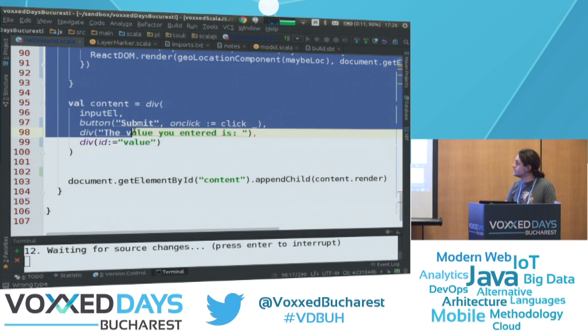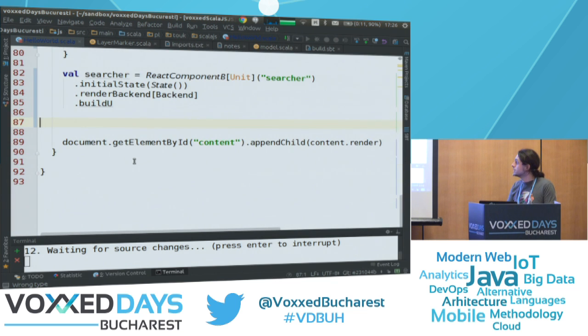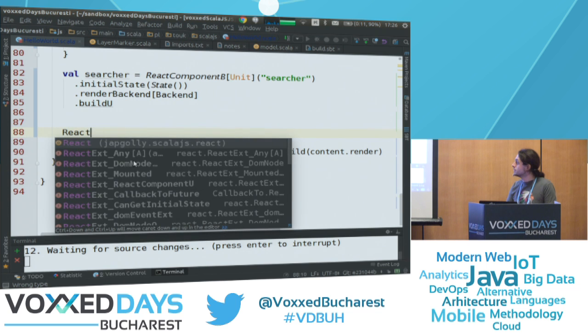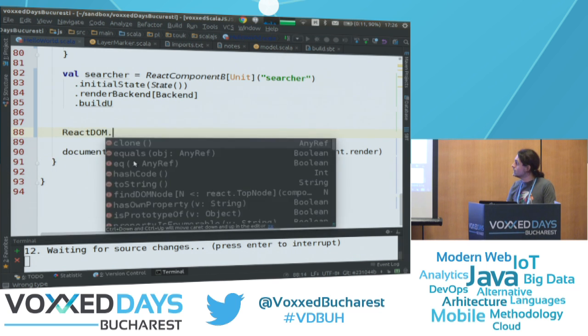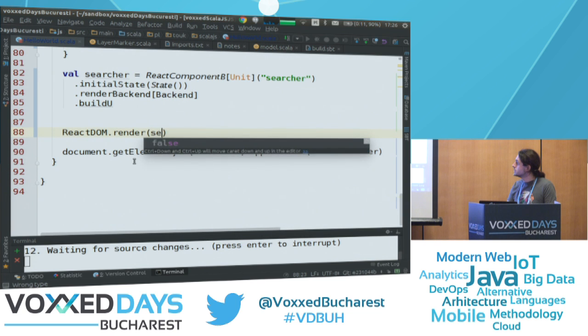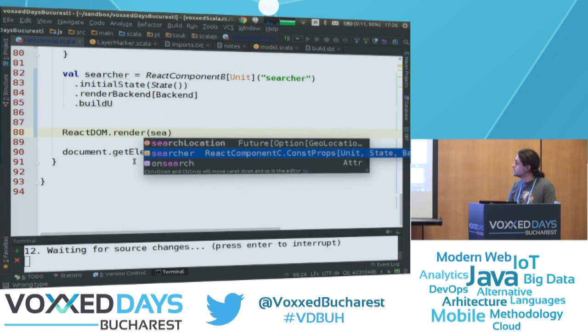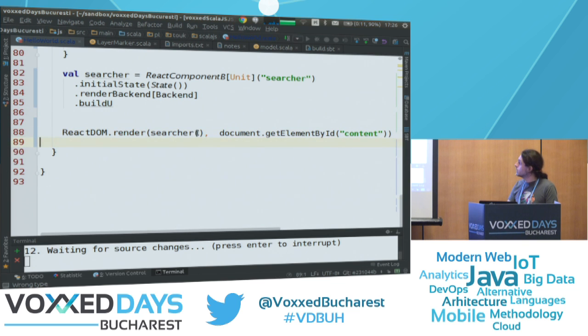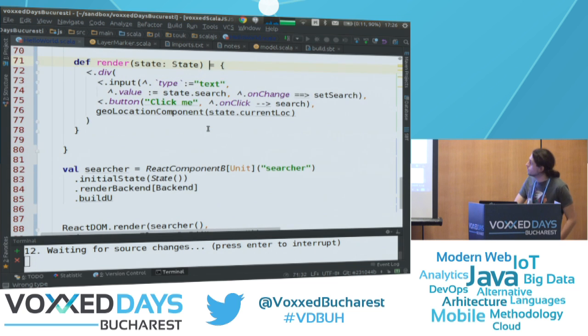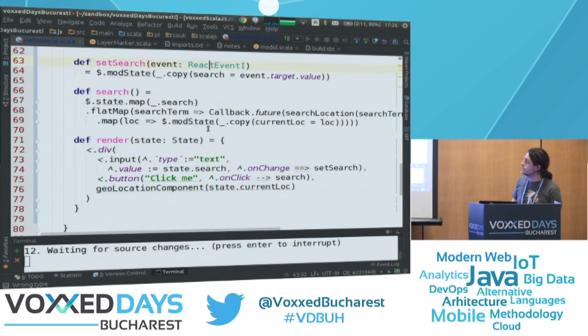Now we destroy all our earlier work, and now React DOM render searcher. This will be the only component, the only element of our application. No more crazy DOM manipulation. Right, so this is what's left from the code.